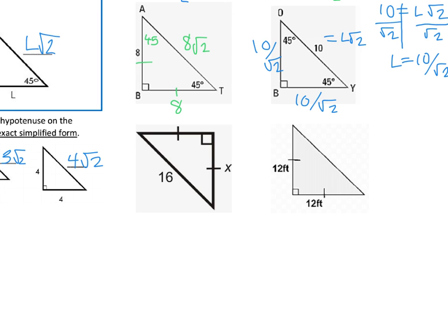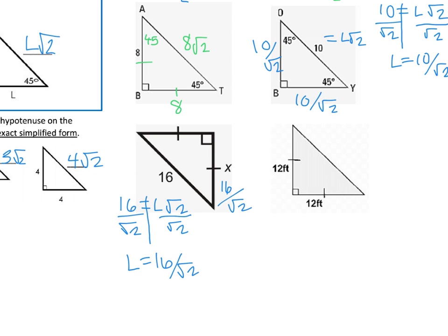They again gave us the hypotenuse, so we know that 16 equals the leg times the square root of 2. So to solve for the leg length, which in this case is x, we would divide by the square root of 2. So the leg length equals 16 divided by the square root of 2, for here and here.